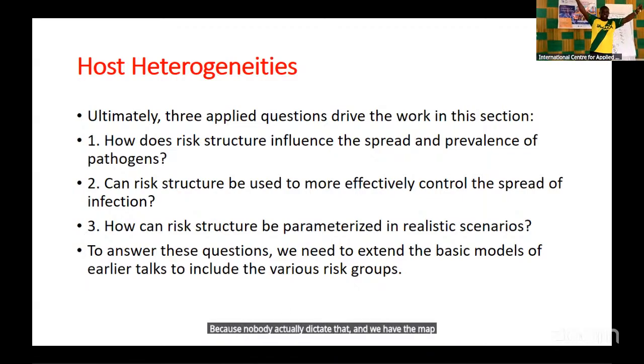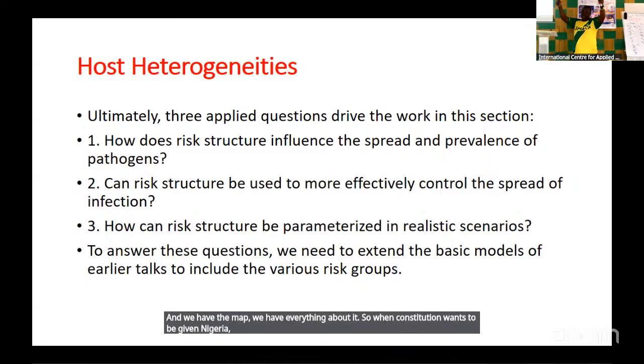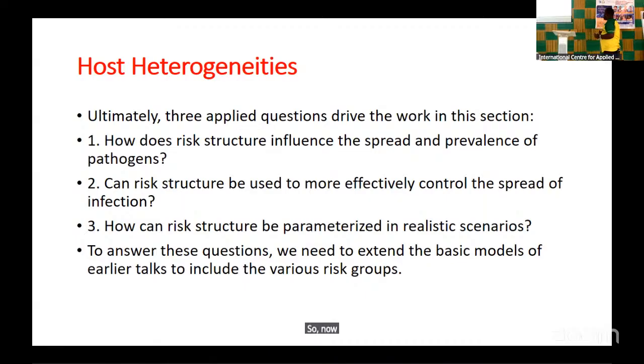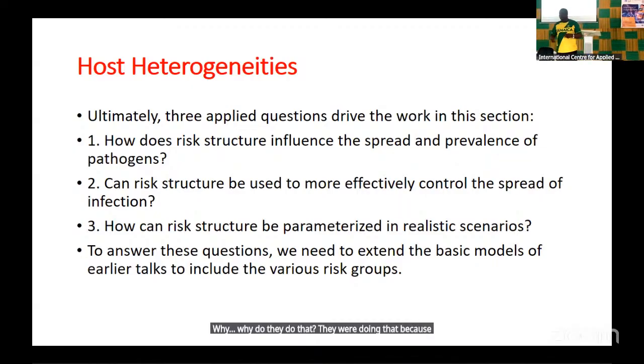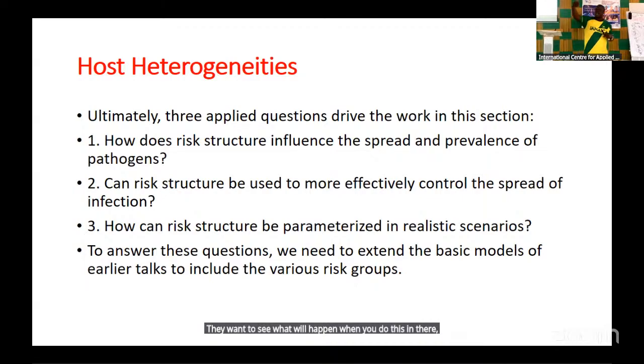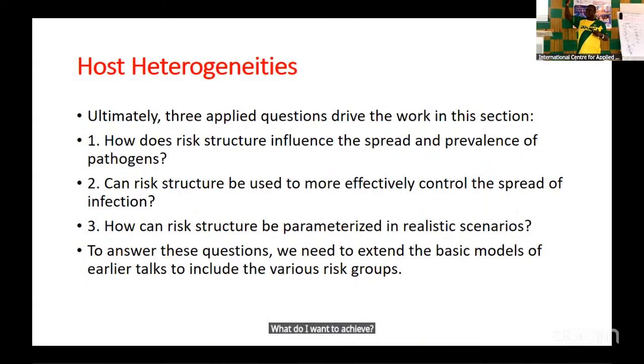So when vaccination was to be given in Nigeria, it was sent to those two locations, two major low risk and high risk states. Why do they do that? They wanted to see what will happen when we introduce this thing. What do we want to achieve in the presence of other interventions available?